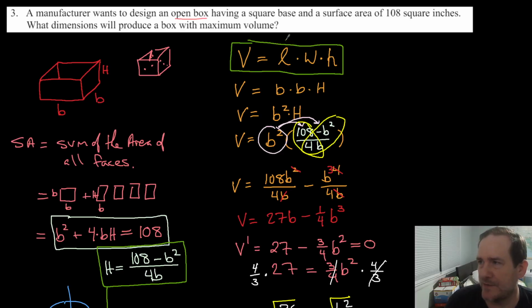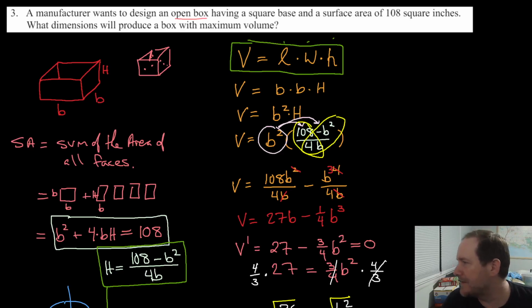We started with a length, a width and a height, and the fact that the base was a square meant we could eliminate one variable, because length and width had to be the same thing, b and b. But we still had h, so to get rid of it we had to solve the constraint equation for an expression we could substitute in, replacing h with an expression containing only b. Then we could boil it down, simplify it, take the derivative, and go from there. So hopefully that made some sense to you.